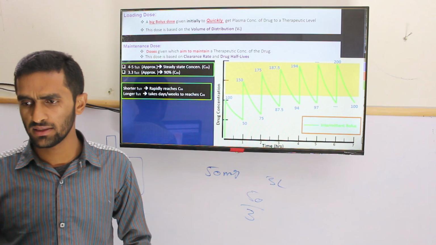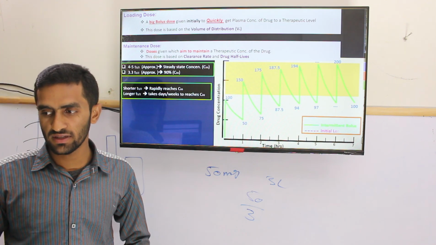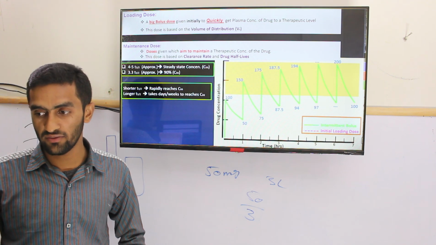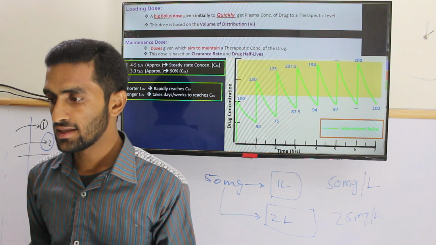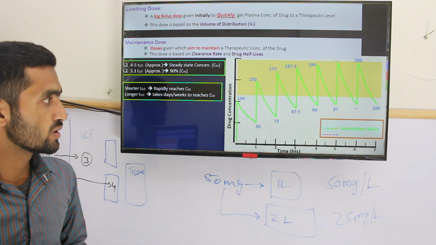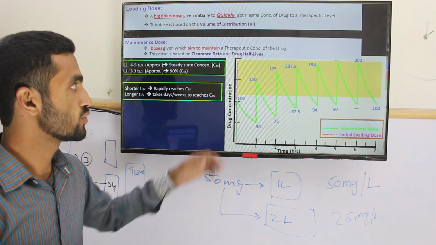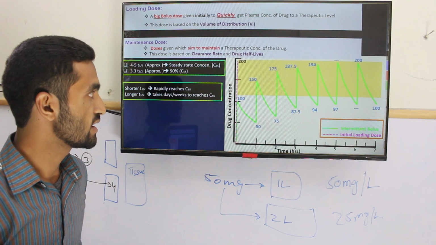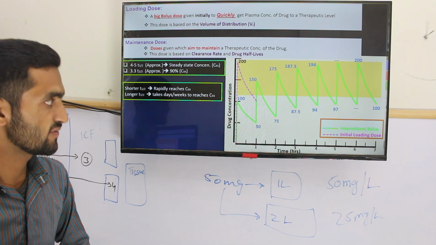Okay, I think this concept should be clear. Now let's compare with the loading dose. What is happening in the loading dose? In this case, you give a big bolus. For example, you have given 200 directly. As you give 200, what will happen next? It comes back to 100 after the first half-life.